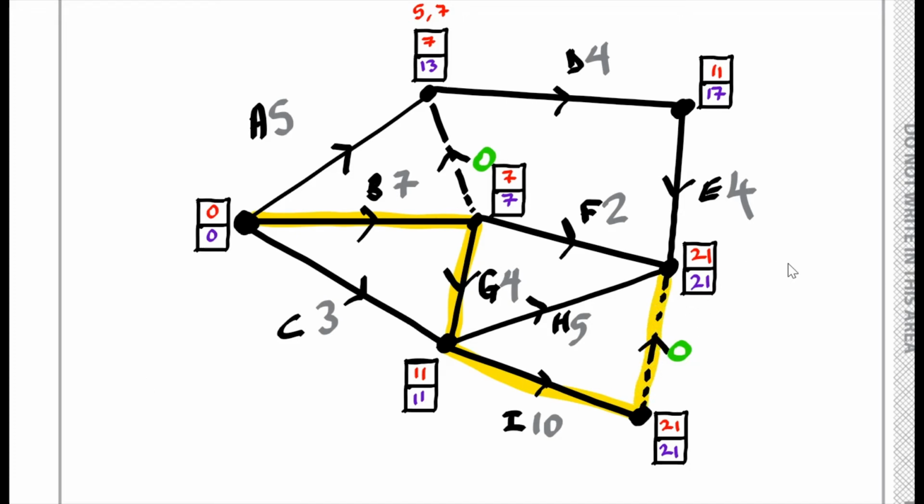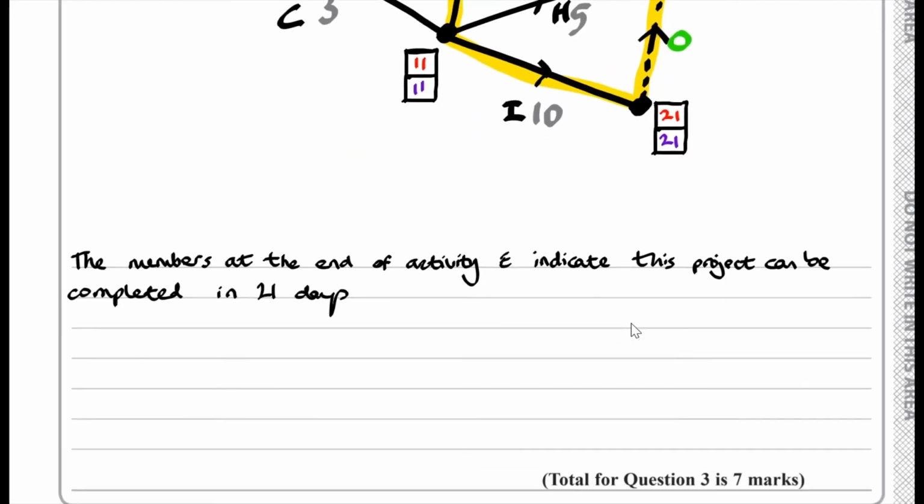So in terms of the critical activities, let's just write this down. We have B, G, and I. Let's just highlight that. Okay, so that's the end of this question.